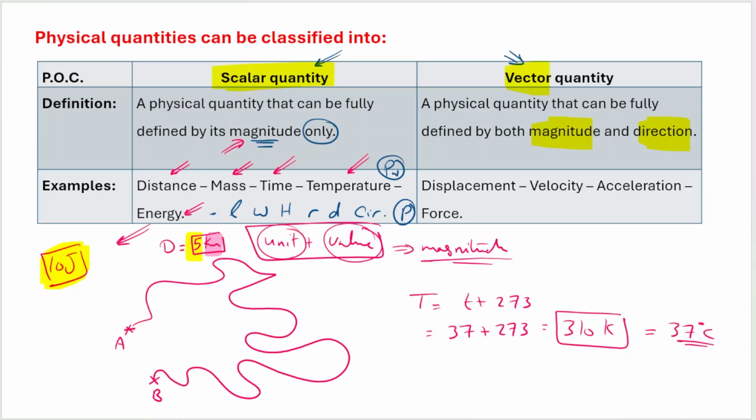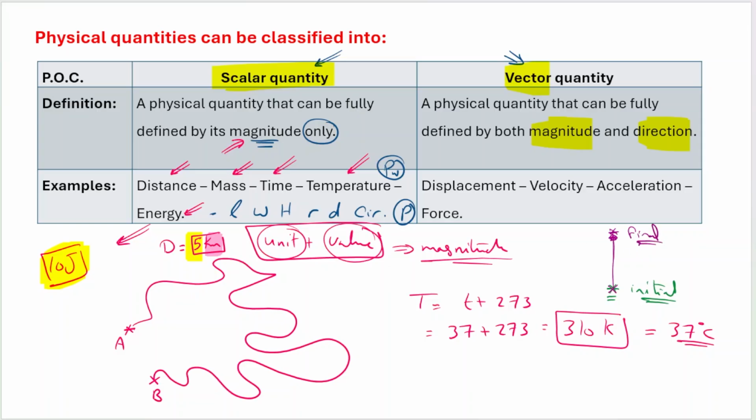What about vector physical quantities? For example, if this is my initial position and I am telling you that I will cover 5 meters, and I want you to tell me what will be exactly my final position, you can't, because I need to specify the direction. But what if I tell you that I will cover 5 meters to the north? Then you will move 5 meters to the north and you will tell me that this will be my final position.